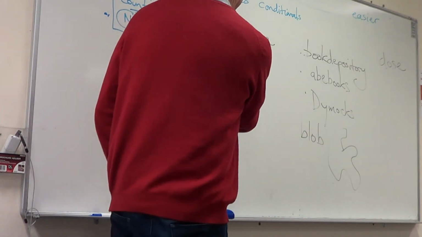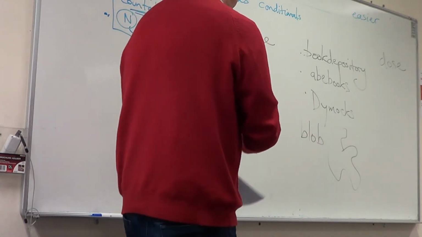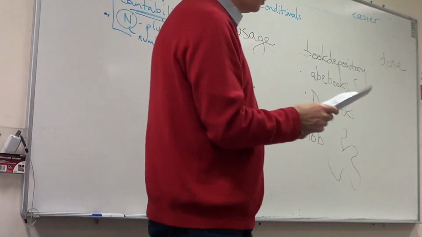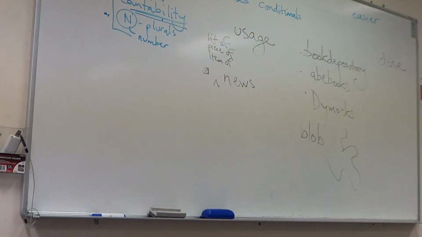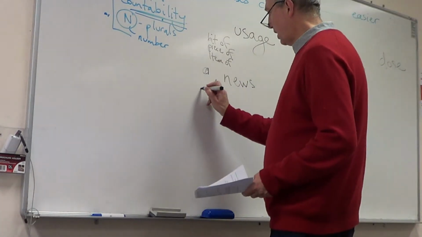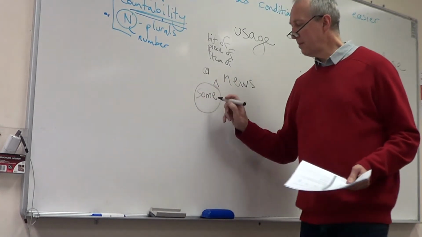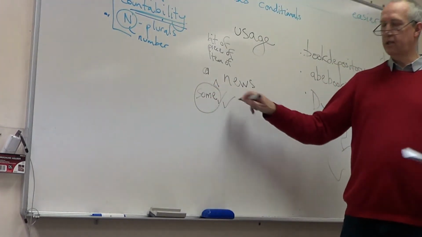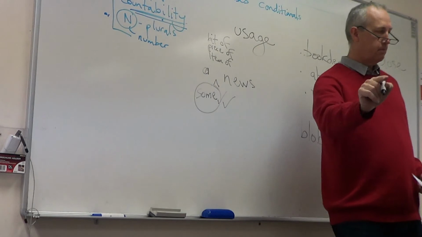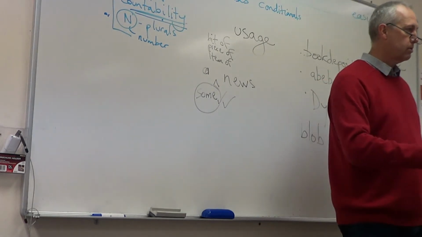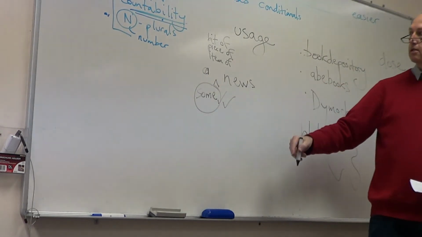So those are fine, but it's uncountable. Really, really common. Even though it's quite advanced speakers, that's one of the last errors that sort of disappeared. Progress. You can't have a progress. You can have some progress. So, look, just on this one, you can have some. Some is a beautiful word in these conditions. Some chairs, some tables, some progress, some news.